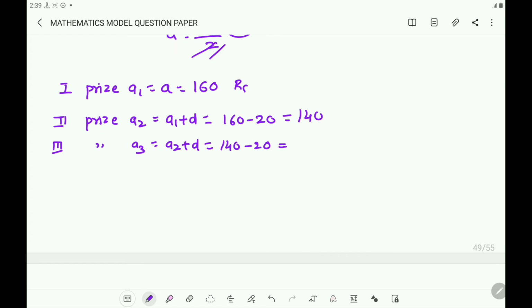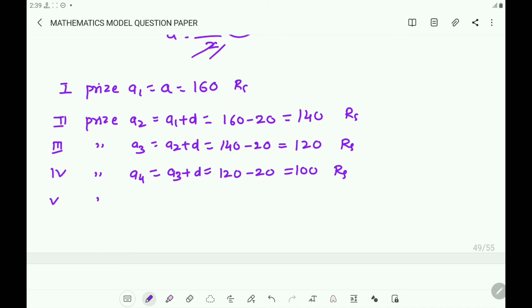So it is 140 minus 20, 120 rupees. Then fourth prize is A4, that is A3 plus d, which is equal to 120 minus 20, which is equal to 100 rupees. Then fifth prize A5 equals A4 plus d, which is equal to 100 minus 20 equals 80 rupees.